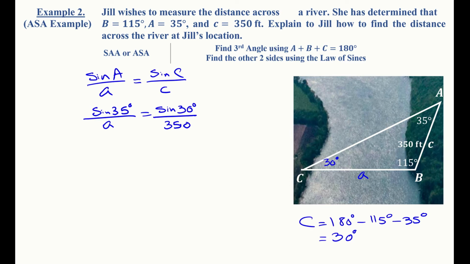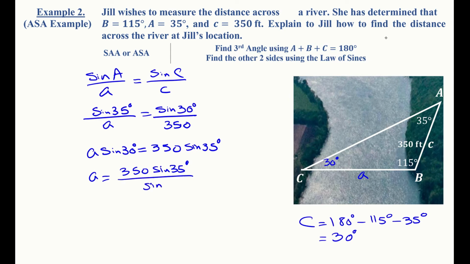So again, quickly cross multiply here, so we get a sine 30 degrees equals 350 sine 35 degrees. So a equals 350 sine 35 degrees over sine 30 degrees. And now we can get a quick estimate for that.